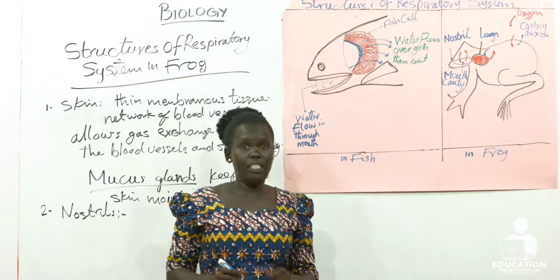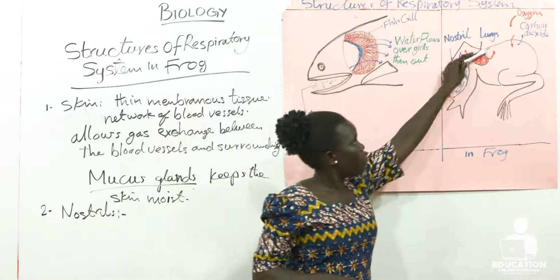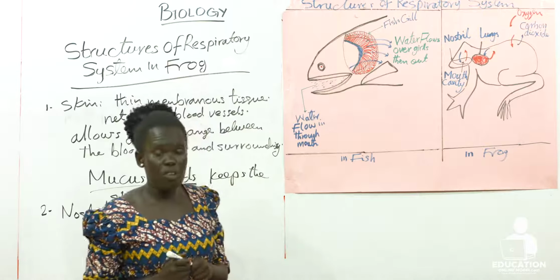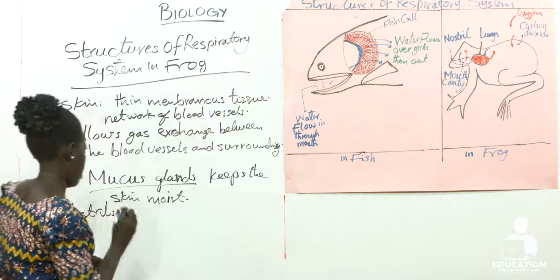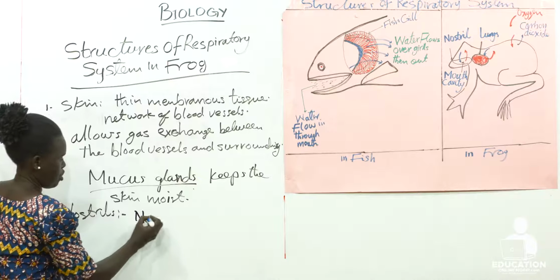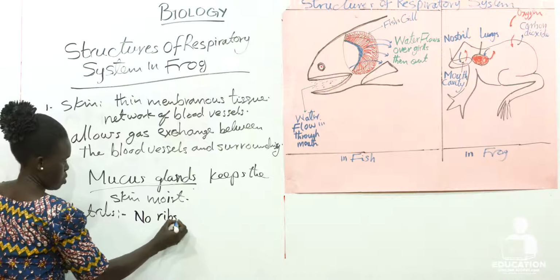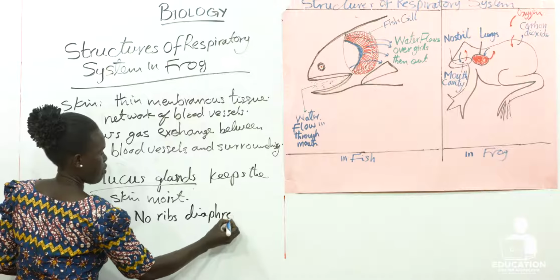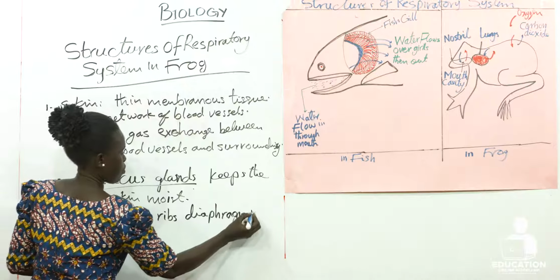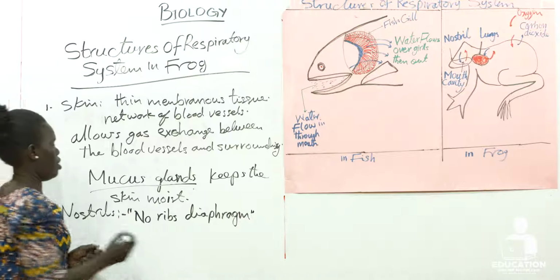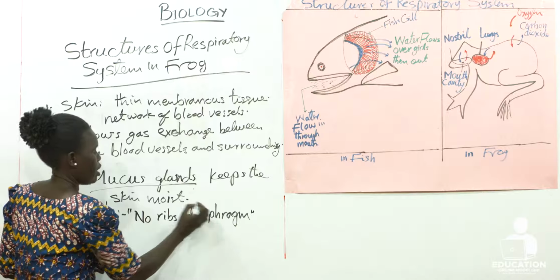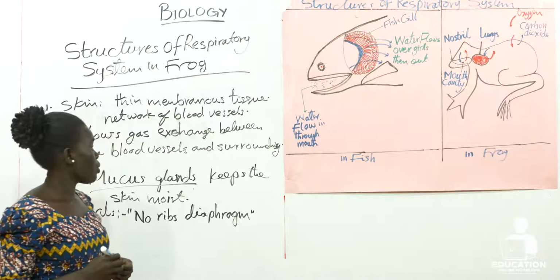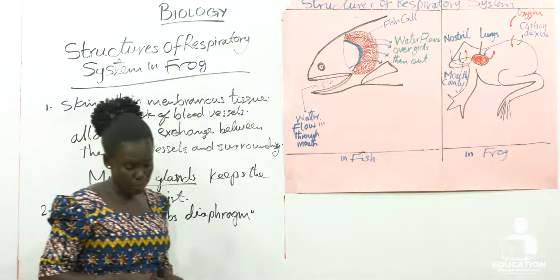And we should observe that the lung in the frog is not surrounded by ribs or diaphragm like in the human being. So the lungs in frog are not surrounded by ribs or diaphragm the way we saw in the human being.